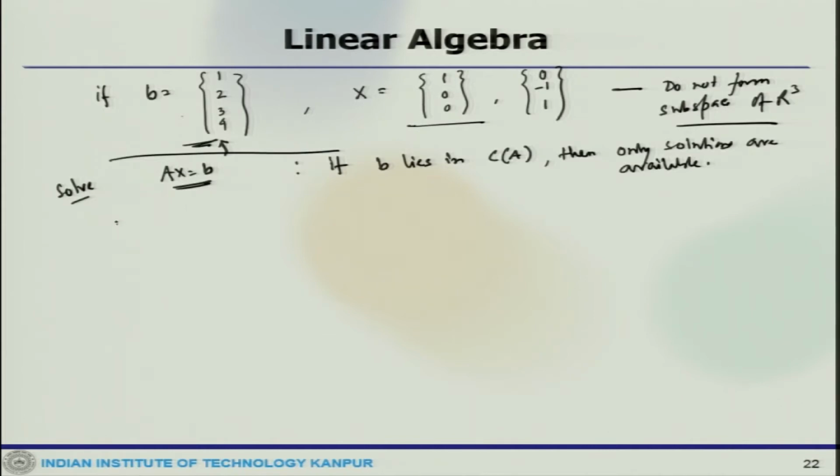Now, there is another one, which is the null space vector. The column space is formed by the column vectors of the coefficient matrix.